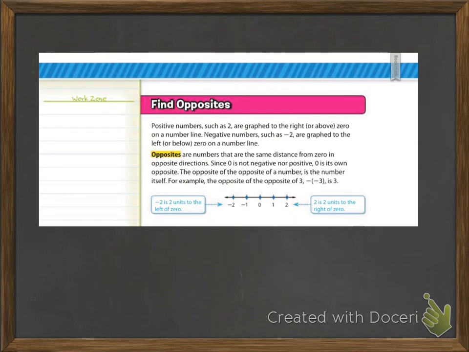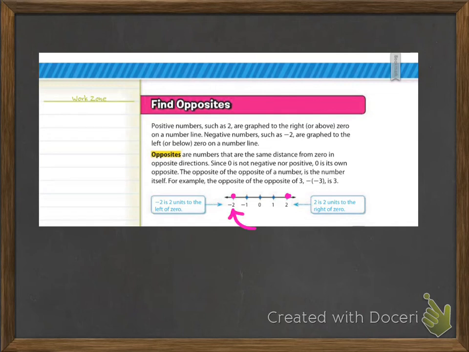All right. So opposites. In our previous lesson, I already mentioned opposites and what you would do with them. If I were to say, give me the number 2, put a dot at the positive 2 on your number line, and then put a dot at its opposite, you would put a dot at its opposite, which is way over here.